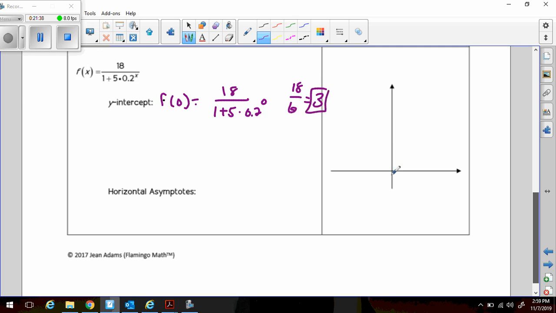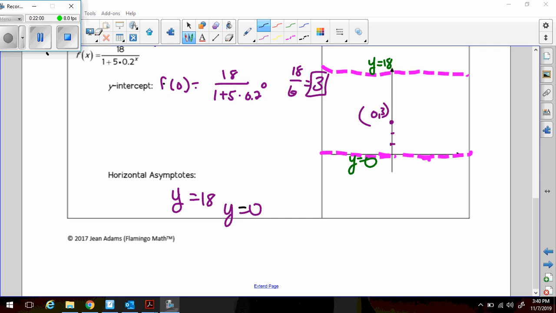This is f at 0. So 0, 3, we are up at 3, something like that. And my horizontal asymptotes are going to be y equals 18 and y equals 0.